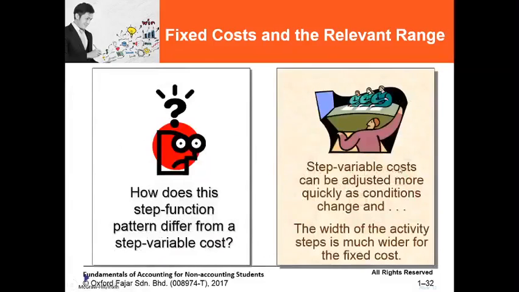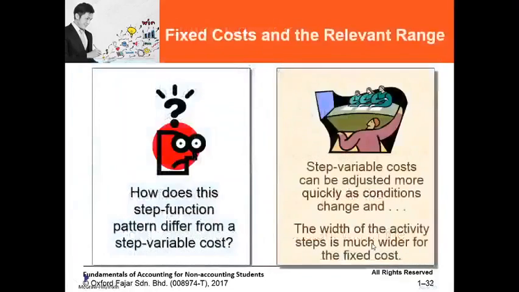Step variable cost can be adjusted more quickly as conditions change, and the width of the activity steps is much wider for the fixed cost. It means that step variable cost can be adjusted more quickly if the situation changes, but for the fixed cost, the width of the activity step is much wider.